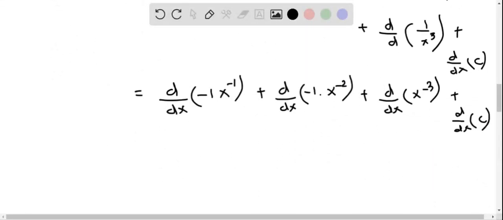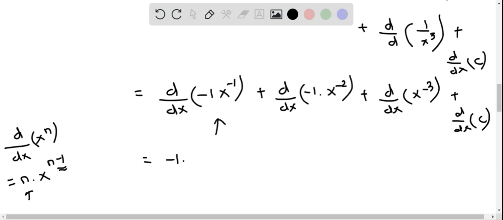I can write down the formula here. It is d by dx of x raised to the power of n is equal to n x power n minus 1. That is, basically you put the n in front and reduce the power by 1. So when you differentiate this negative 1 x power minus 1, I take this negative 1, put it in front and reduce the power by 1. So this becomes x power minus 1 minus 1.